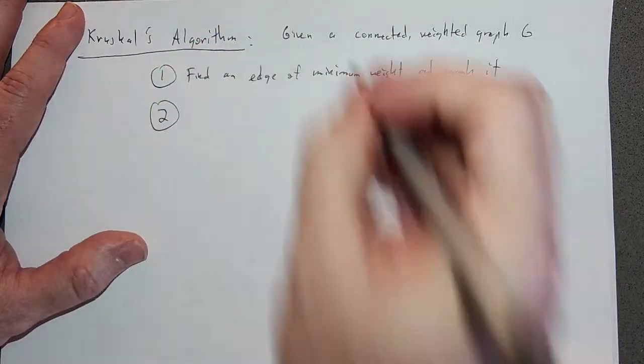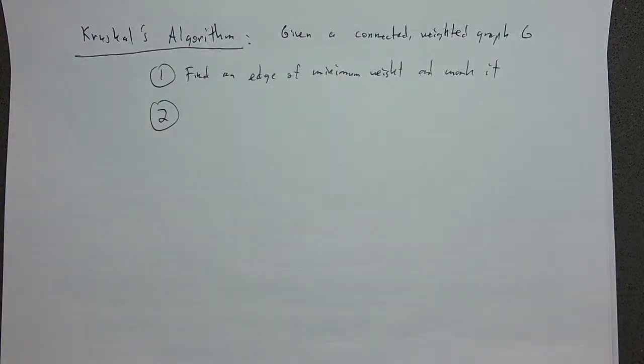Two, among all of the unmarked edges that do not form a cycle with any of the marked edges, choose an edge of minimum weight and mark it.